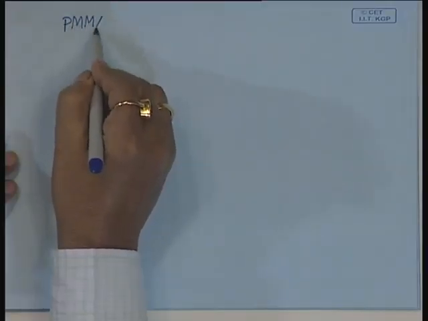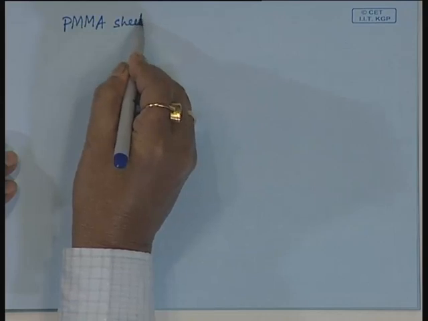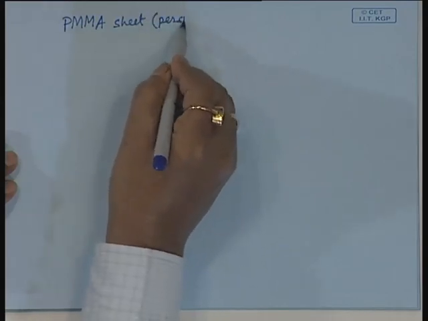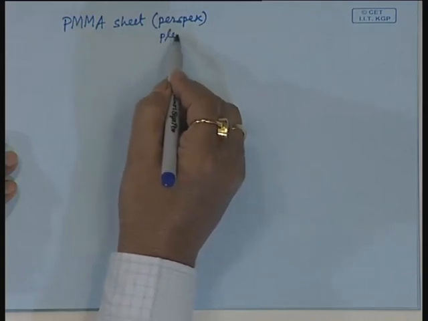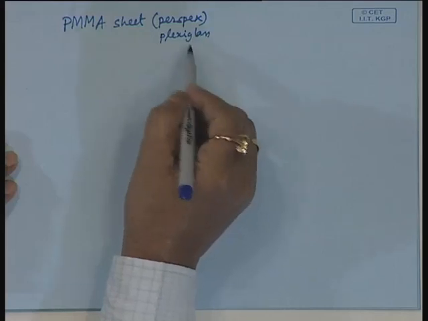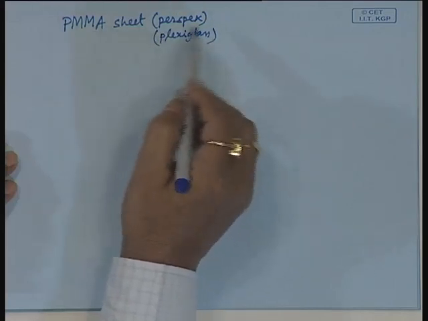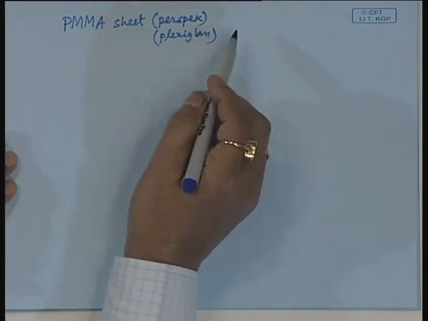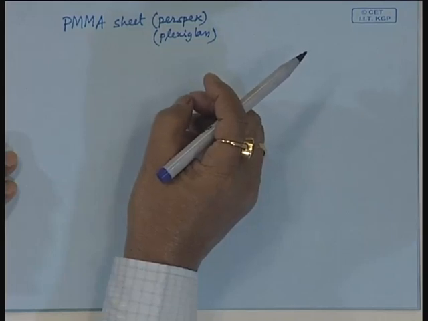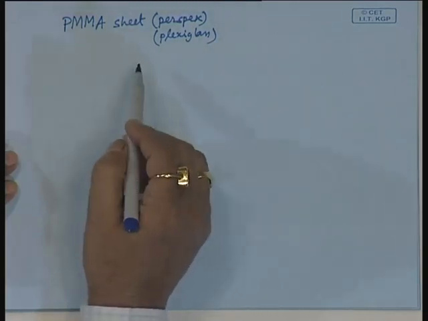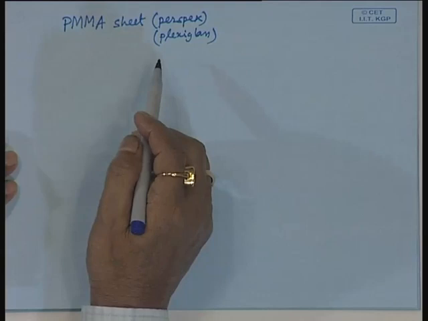Think of perspex sheet, PMMA sheet, or plexiglass; these are trade names of this PMMA. How is this done? First a pre-polymer, say up to 30% or 40% conversion, is made, which is a viscous solution.